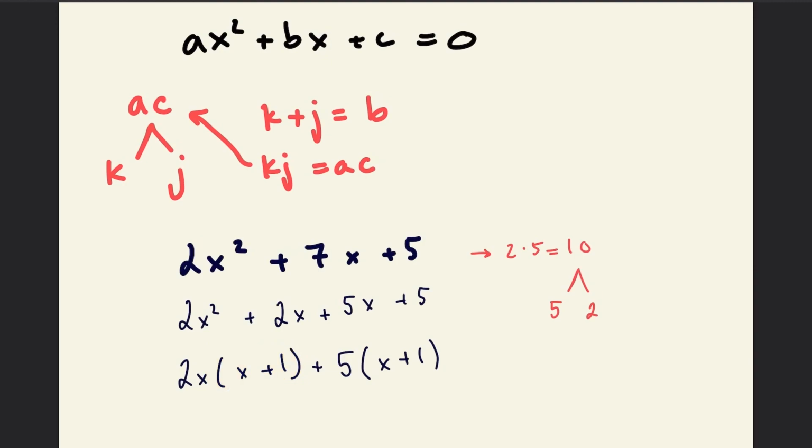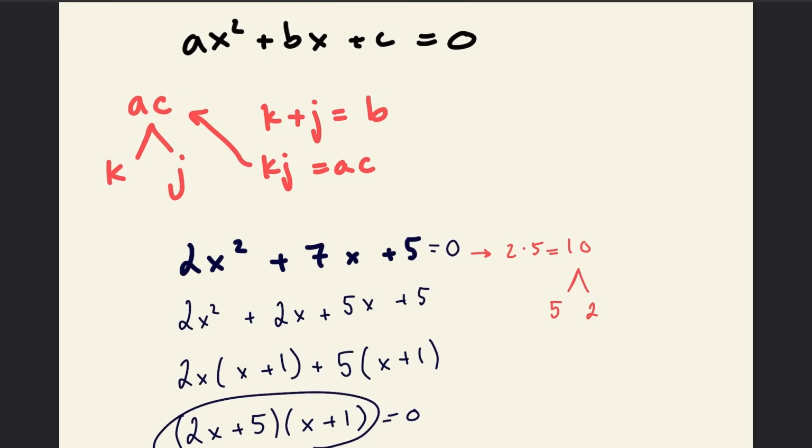This reminds you of expanding brackets. So you can just reverse the operation and have 2x plus 5 times x plus 1, which in this case would equal 0. Sorry, I didn't write that. But that makes sense, right? So if you go back to expand it, you'll get this.